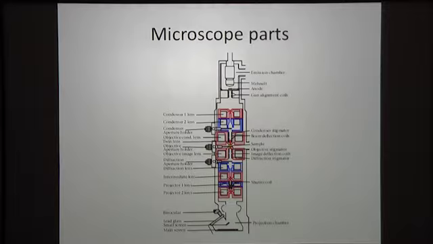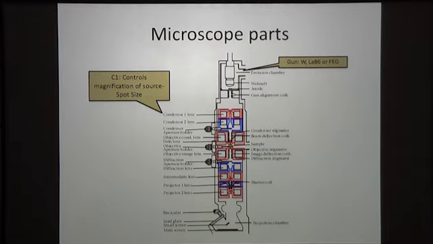So before I talk to you about microscope alignments, I'm just going to revisit a little bit on what Chris said about the microscope and the different parts, so that you can appreciate which part we're moving when we do a certain alignment. So Chris talked about the gun, which is very important. I'm going to mention it again. You can have a choice of a thermionic or a field emission source. You have two condenser lenses.